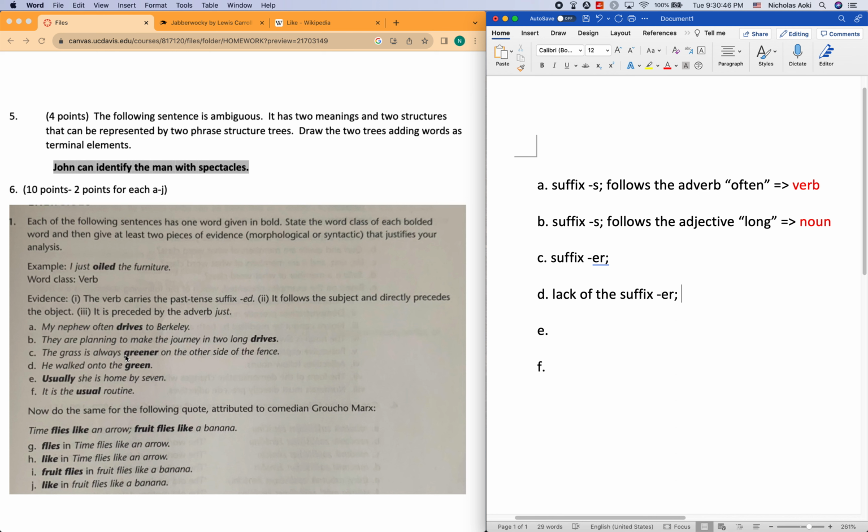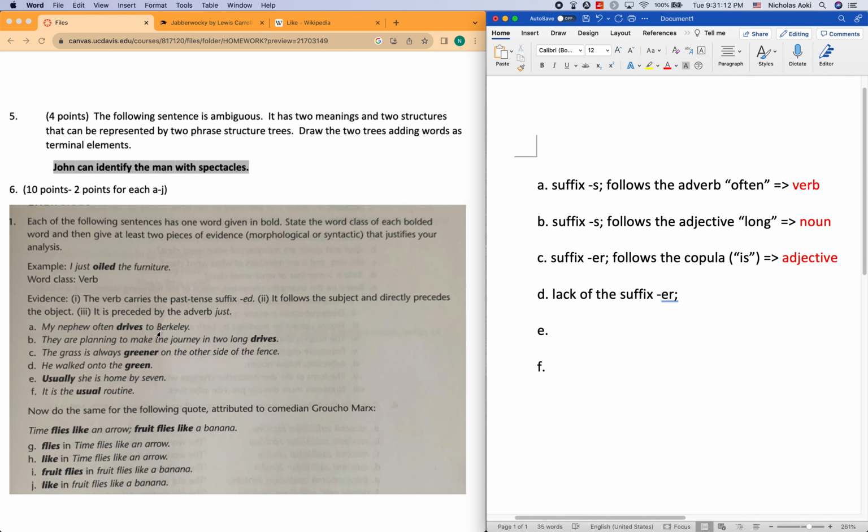The grass is always greener. We can't really follow is or is always with a noun. We wouldn't say the grass is always pillow or the grass is pillow. That wouldn't make sense. So it follows the copula is in C, suggesting that greener is an adjective.